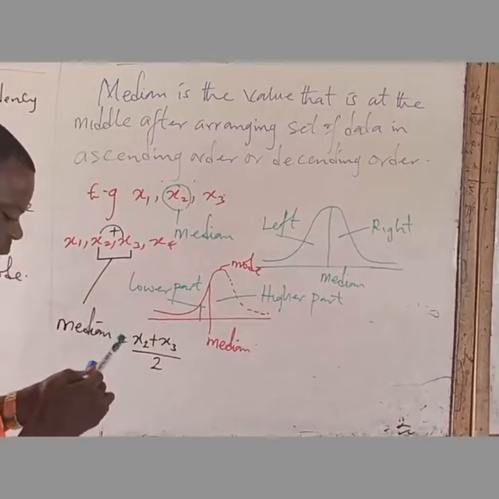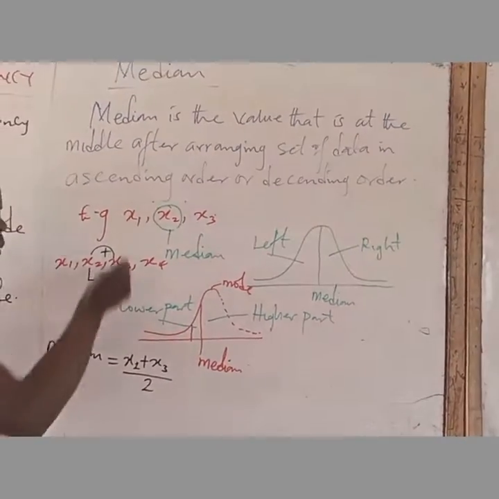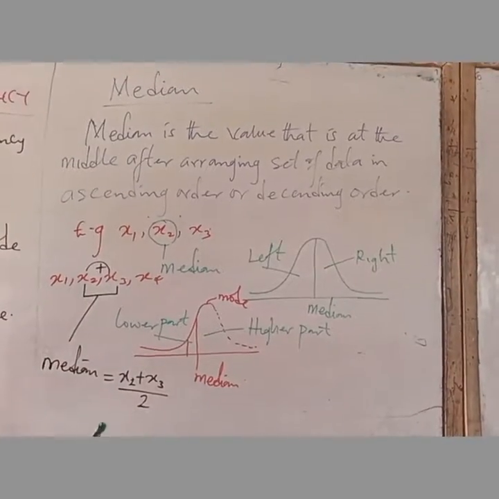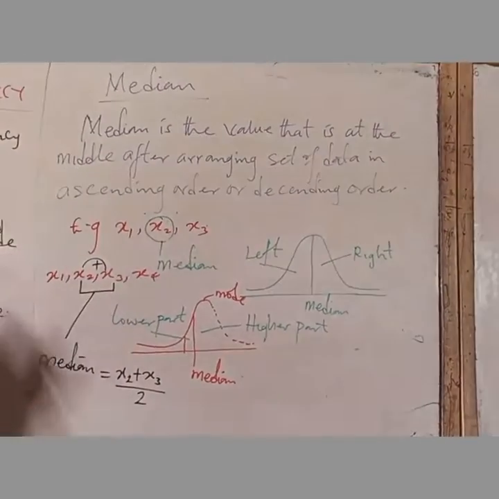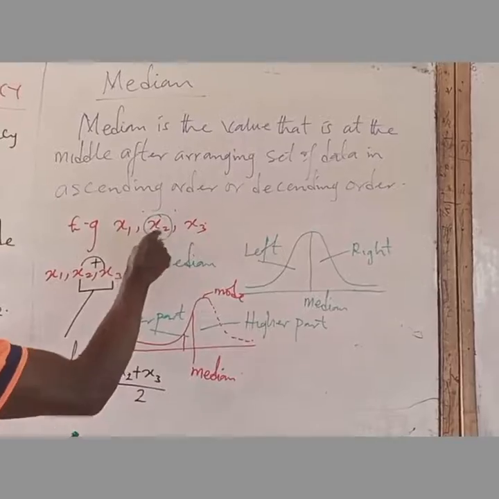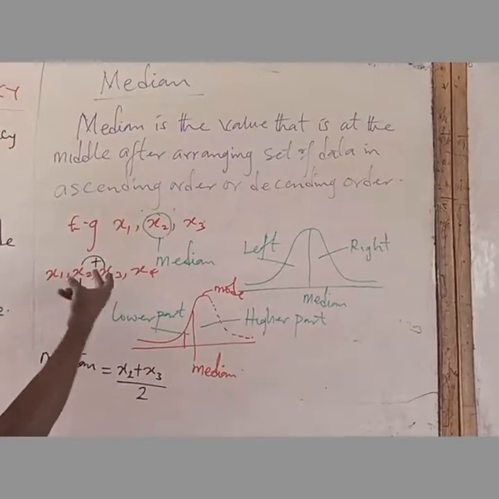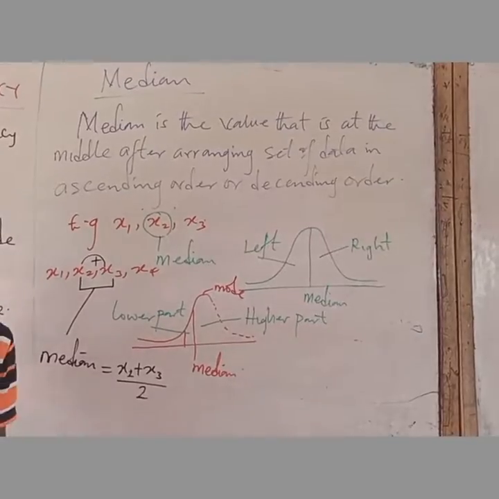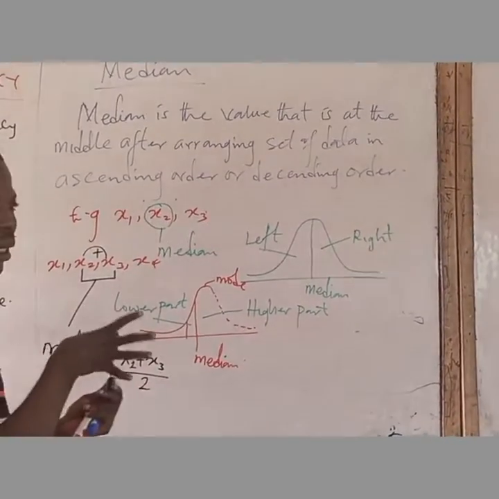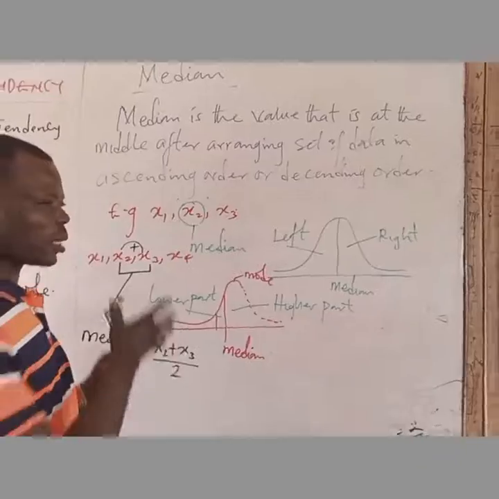That is, we find the arithmetic mean of the two numbers at the middle. When you have only a single value, that single value at the middle is our median. When we have two, we find the mean.